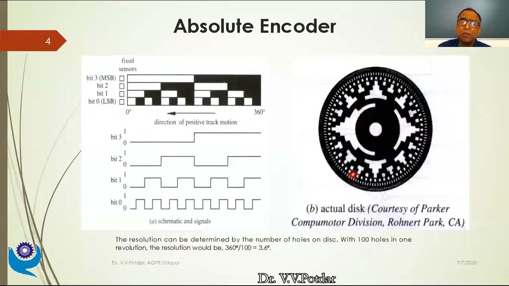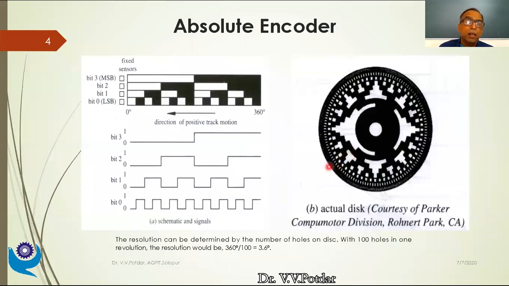Now similar tracks would be there. As you can see there, I have got a number of tracks. Outer track, first track, second track, third track, fourth track, fifth track. Like that, I have got a number of tracks, and that many photo emitters would be there. There will be the light generating devices on one side of the disk, and on the other side, if I have 7 tracks, I will be having 7 photo detectors.